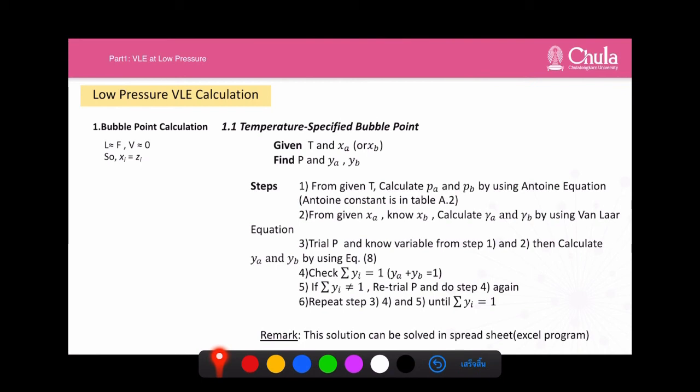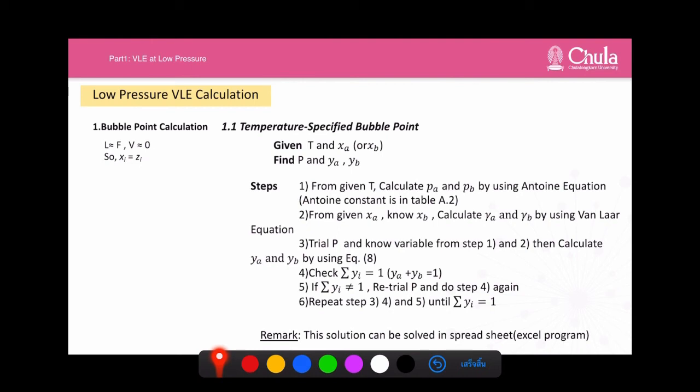For bubble point calculation, consider the problem that we have a liquid mixture, a mixture in the liquid phase, and we want to know the bubble point.